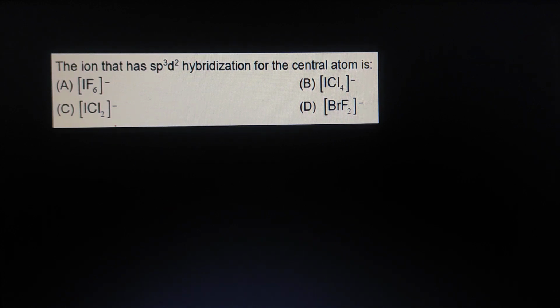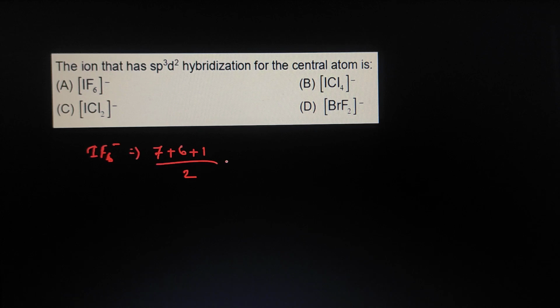And the last question: the ion that has sp3d2 hybridization for the central atom is. So for IF6 minus, the iodine central atom, the valence electron of iodine is 7 plus 6 fluorine plus 1 negative charge, divided by 2, that means 7, that is sp3d3 hybridization.